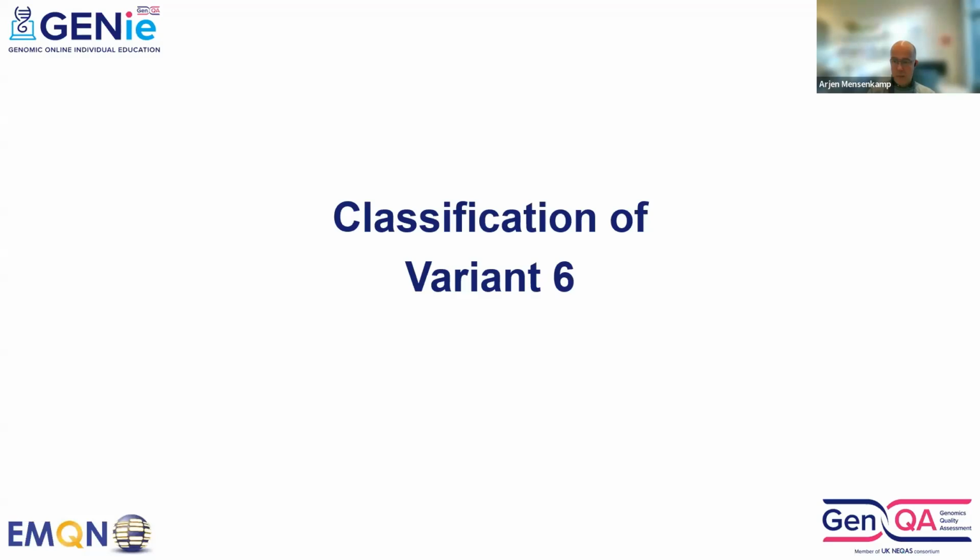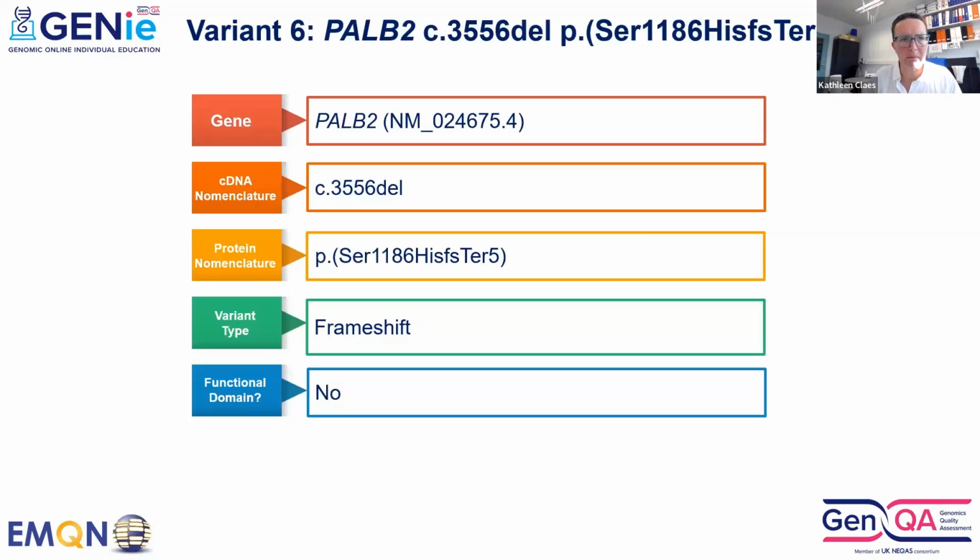And I would like to hand over now back to Kathleen. Thank you, Arjen. I will discuss the last variant. It's a variant in PALB2, and it looks like a truncating variant because it's an out-of-frame deletion of one nucleotide at position 3556.